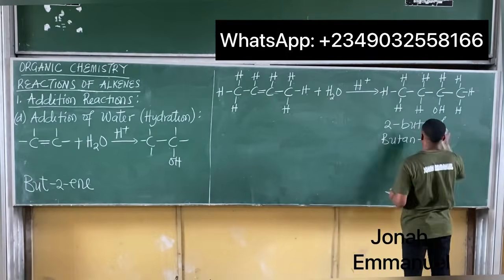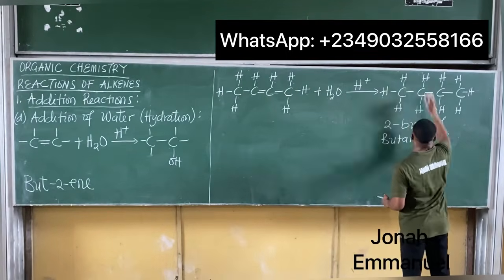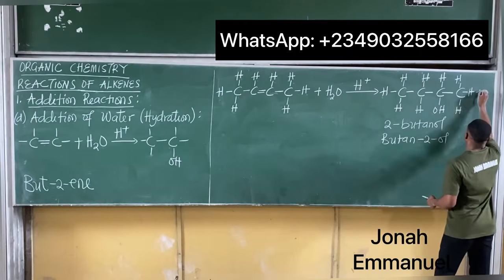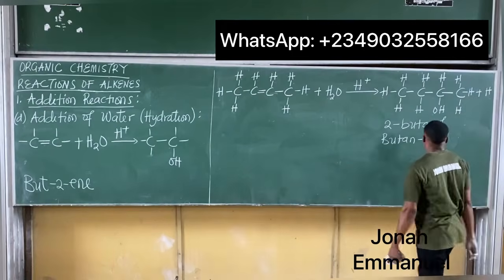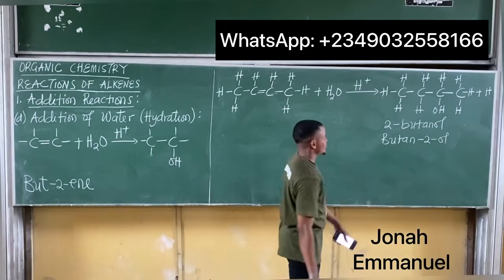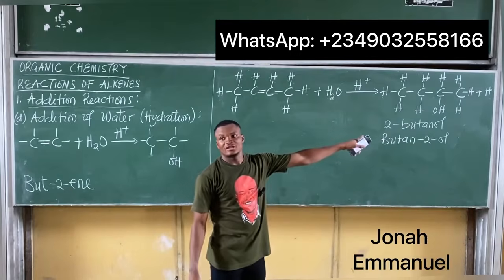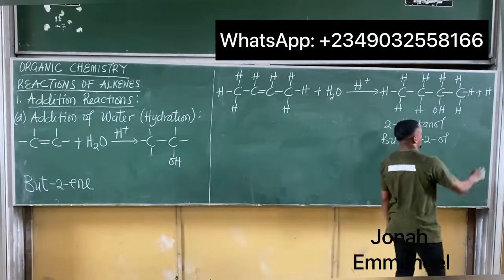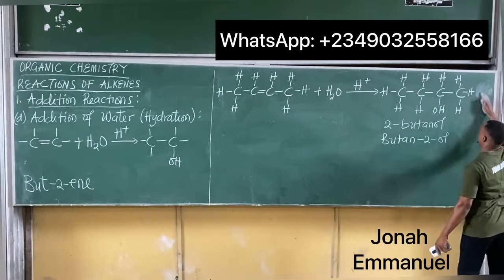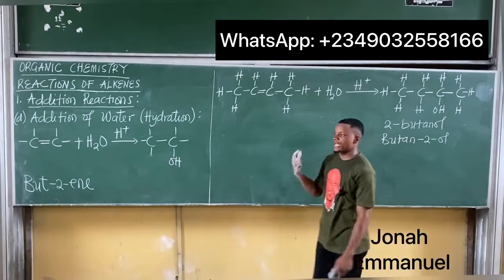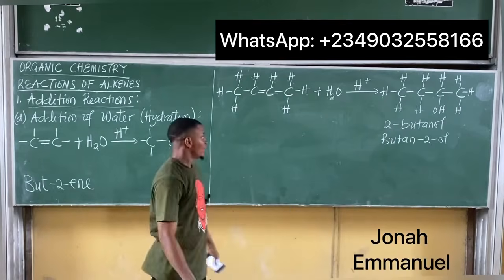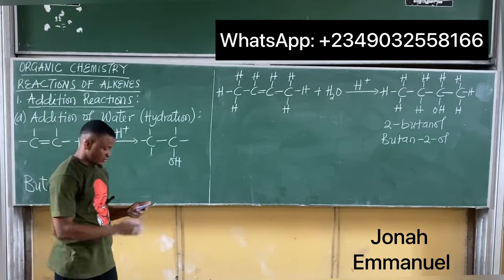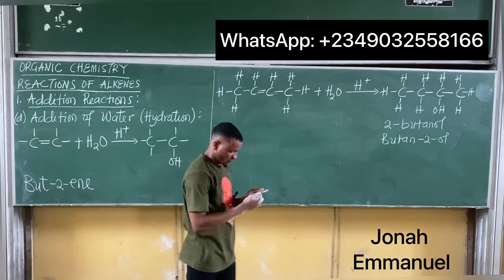Here I'm having 10, plus H. So you now see why they didn't add the H there. Of course, H is not really that important, so I'm taking it off. It was left like this, but we informed you that the hydrogen ion acts probably as a catalyst here. So I have butan-2-ol.